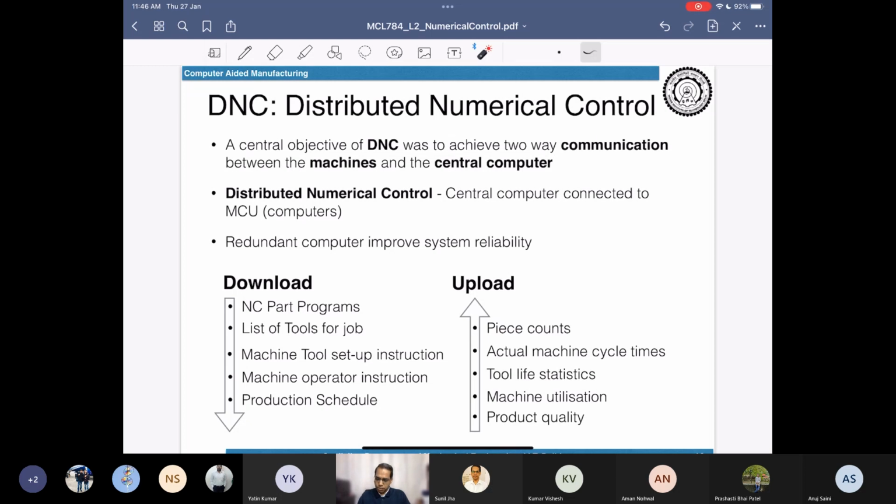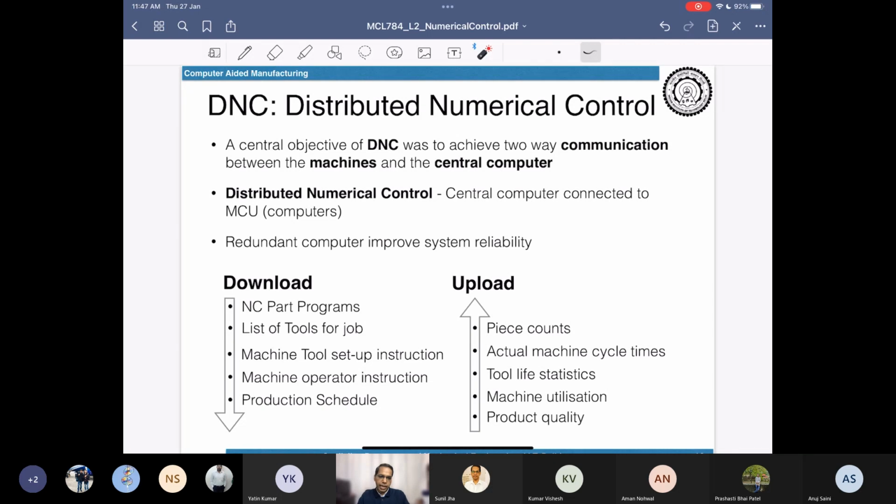Your manufacturing management system will keep a record of all these uploaded parameters and maybe utilize them for analysis. And the machine is also able to download the various instructions or the part program required. That way two-way data exchange can happen when we talk about distributed numerical control these days.